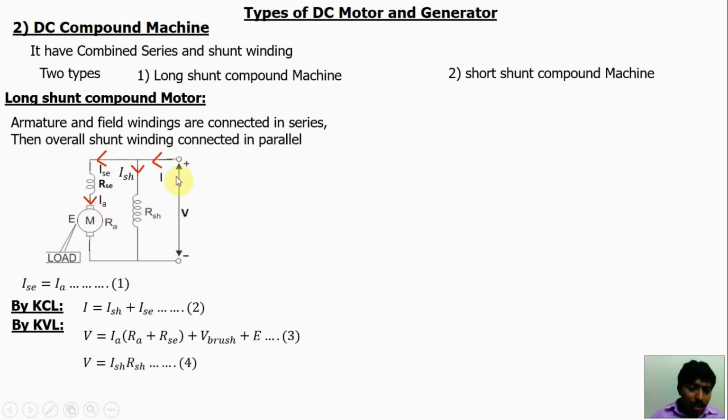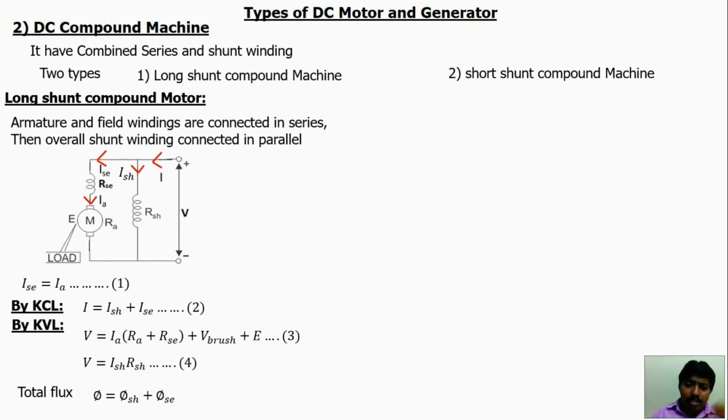So for this loop, V is equal to ISH RSH. Here total flux phi is equal to phi SH and phi SE. Here flux is not a constant one. Okay.